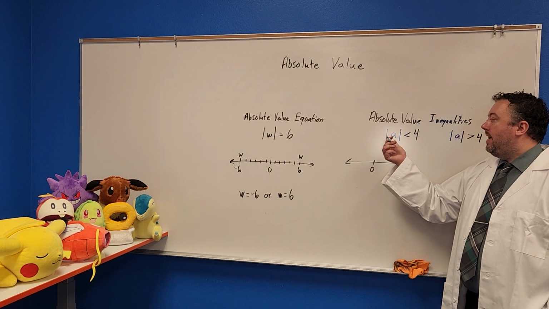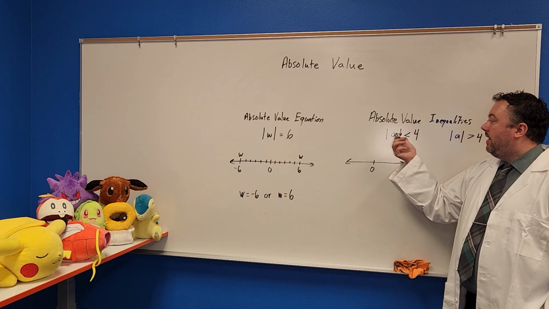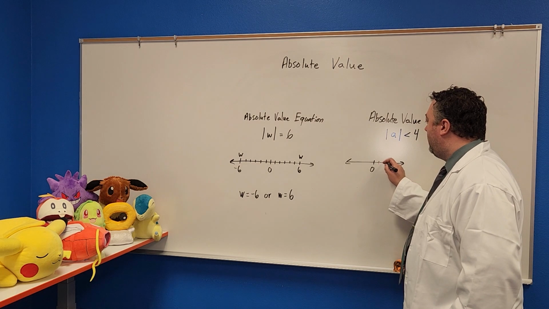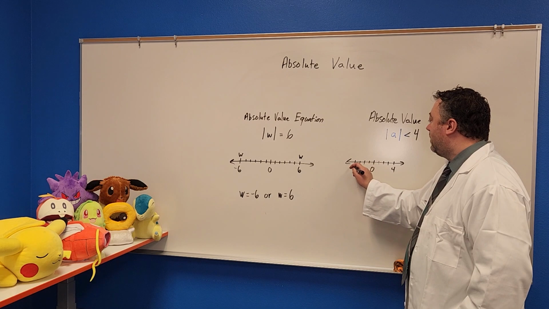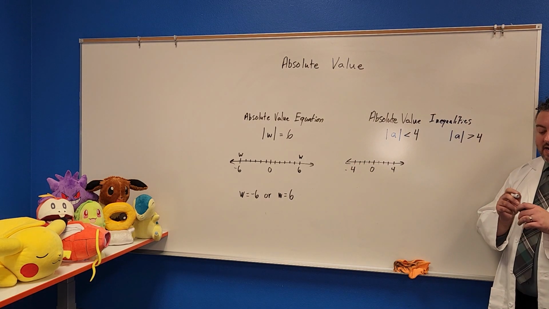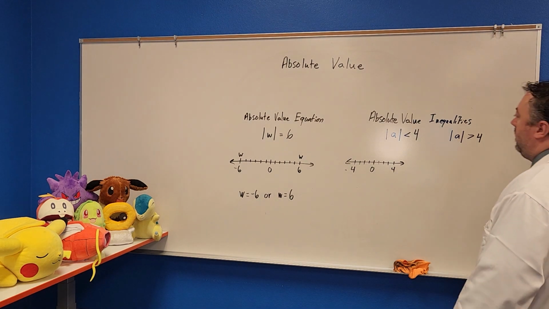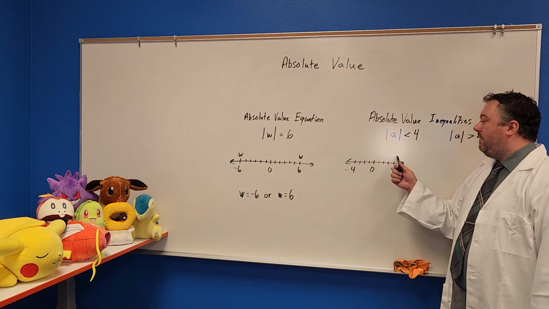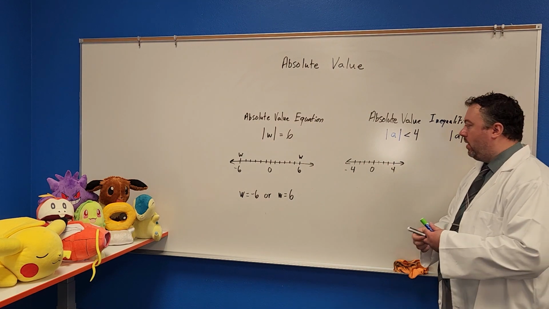This is saying the distance where A is, or A could be any distance that is less than 4 units away from 0. So if we go 1, 2, 3, 4 in both directions, then this means that in order for A to be less than 4 units from 0, it can be in any of these locations in between -4 and 4.